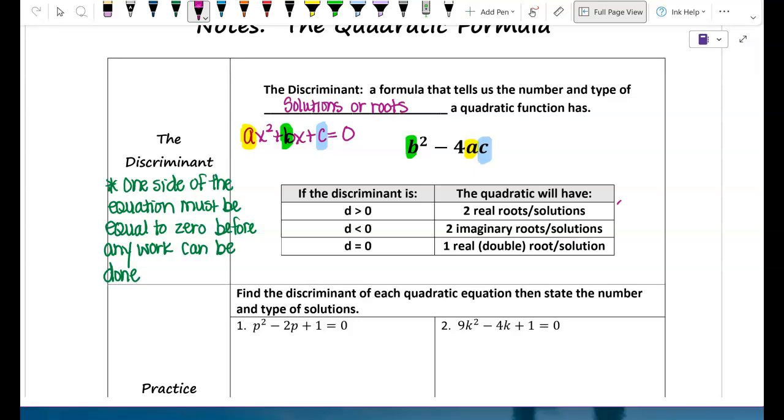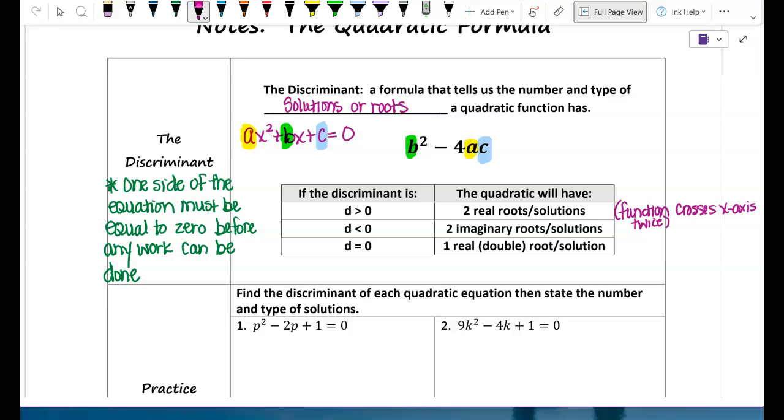And what that tells me is my function crosses the x-axis twice. That's what it means to have two real roots. That means my function is crossing the x-axis twice.